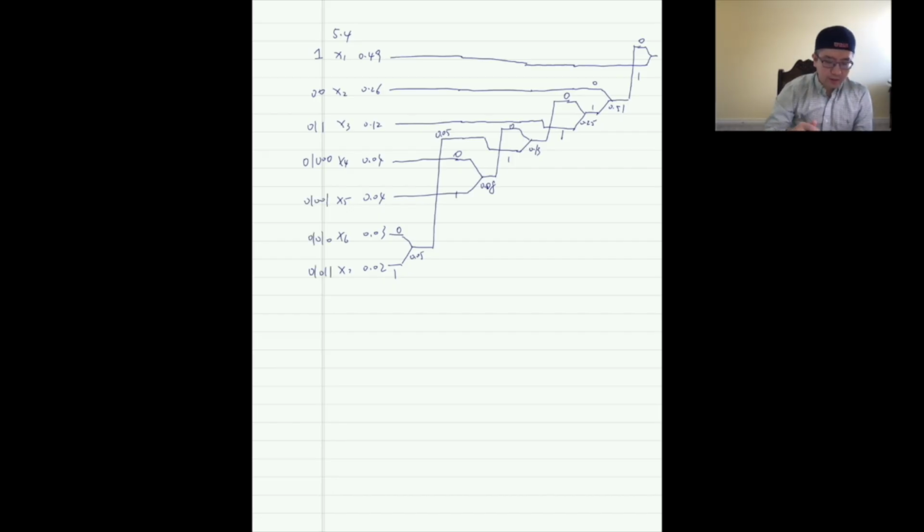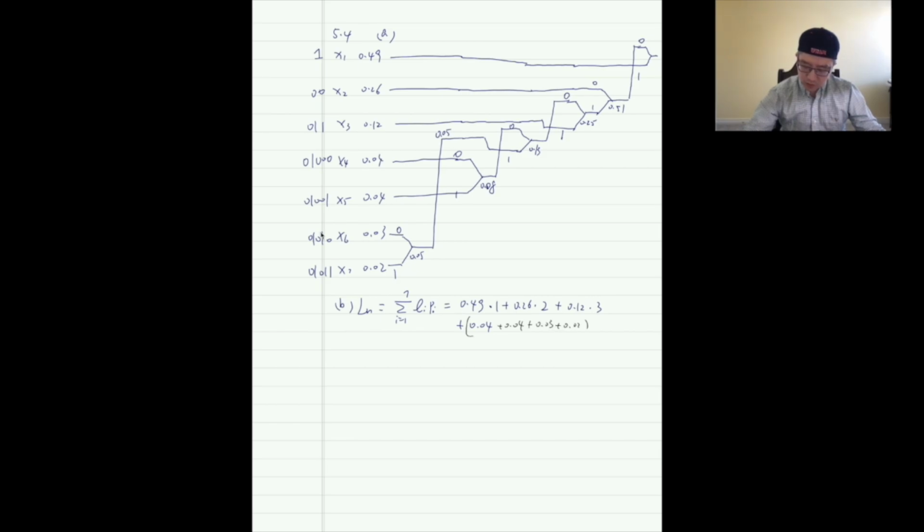Okay, great. So this is for part A. Next is to compute the average length, which is nothing but the sum of Li times Pi. That equals the first one, 0.49, and the length of that is 1, plus 0.26 times 2 plus 0.12 times 3 plus 0.04, and all of the rest have a length of 4, so we can add them all together: 0.03, 0.02 times 4.